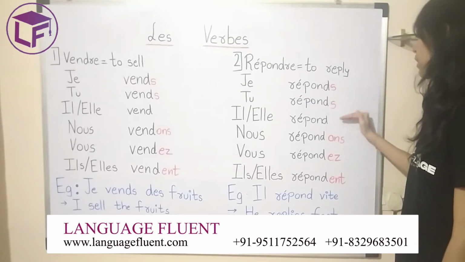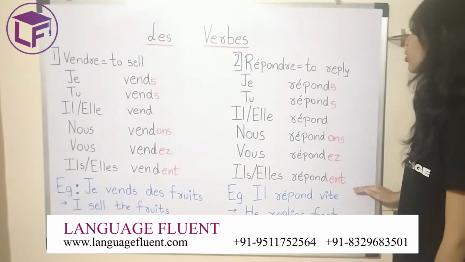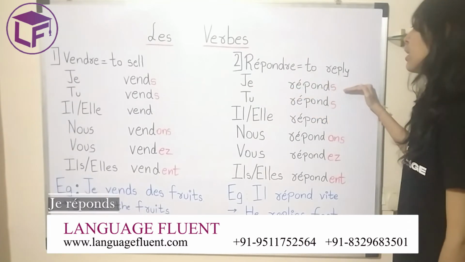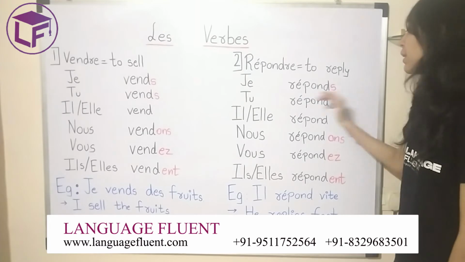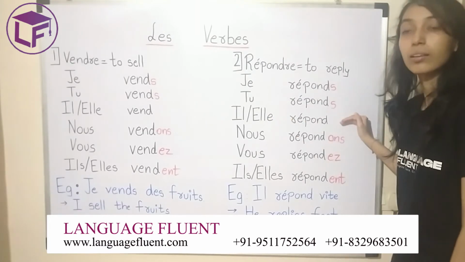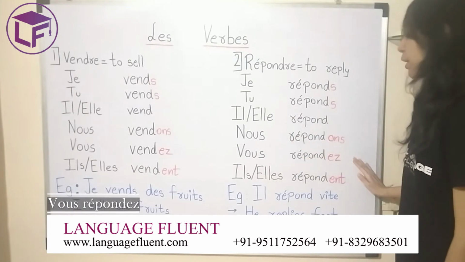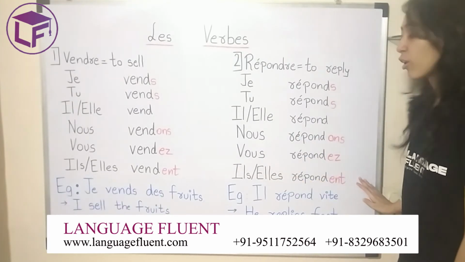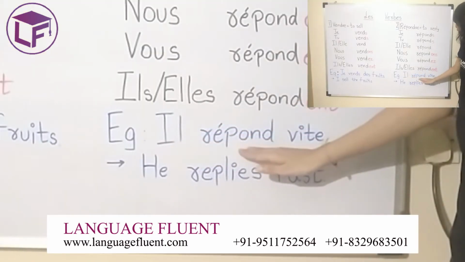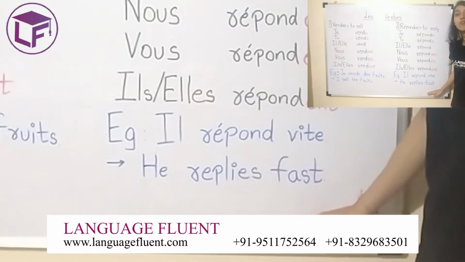S, S, nothing, ONS, EZ, ENT. So it becomes je réponds. Tu réponds. Il, elle répond. Nous répondons. Vous répondez. Ils, elles répondent. For example, il répond vite, which means he replies fast.